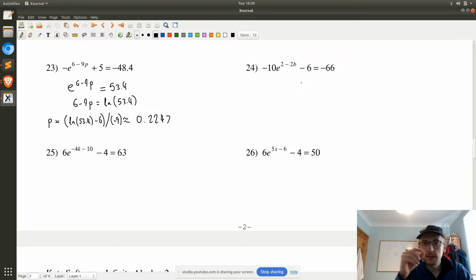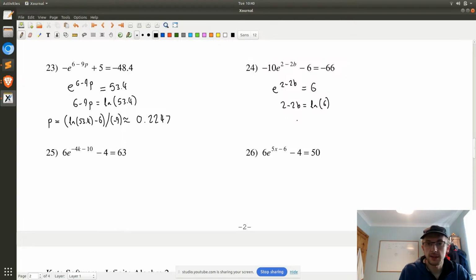Okay, add 6 to both sides. So negative 60 divided by negative 10. So e to the 2 take 2b equals 6. Ln both sides. So 2 take 2b equals ln of 6.